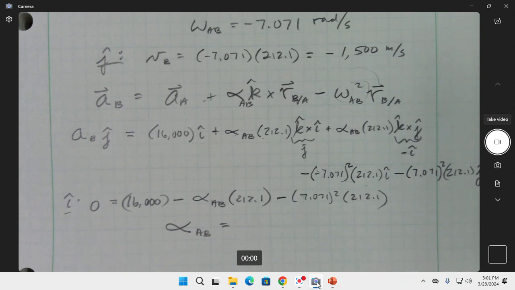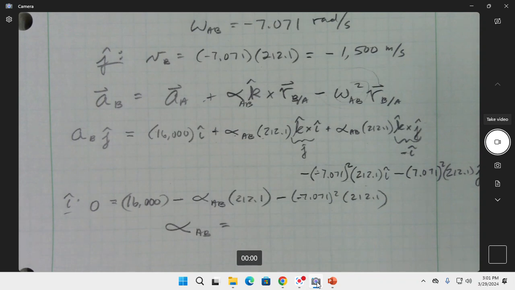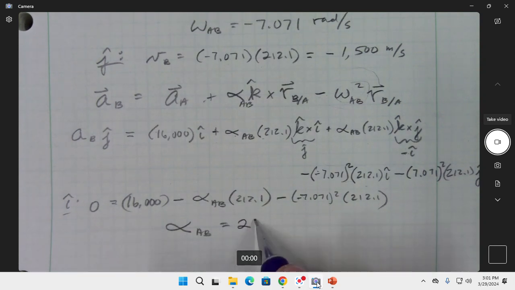16,000 and 7.071. It's squared, yeah. I can put them in there. Usually a good idea to do that. So, 25.